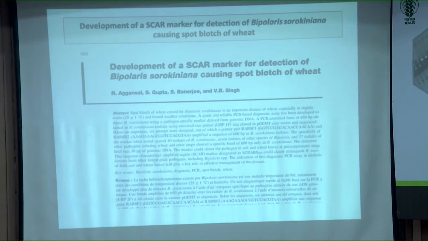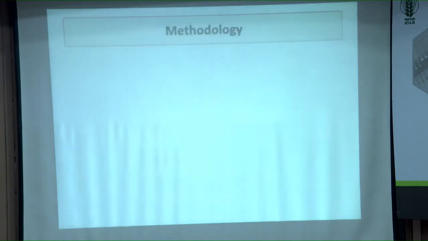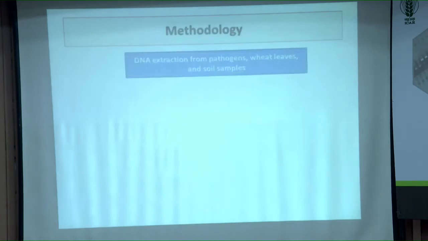For this purpose, one marker was developed in our laboratory. Here, DNA extraction was done from the pathogen, wheat leaves and soil samples, taking different parts of the plant and soil samples.